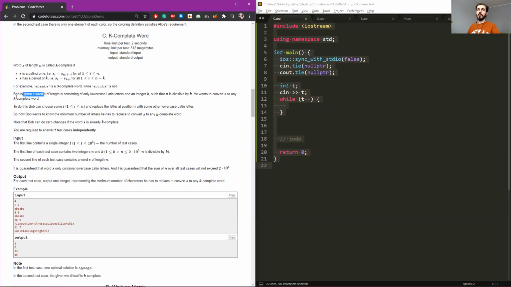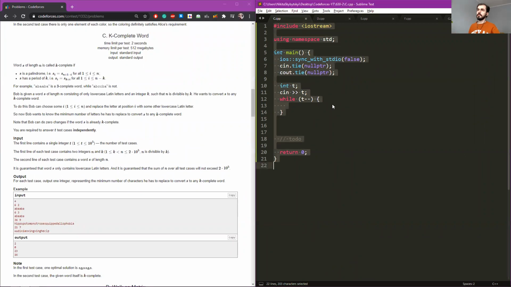Also given, Bob is given a word S of length n consisting of lowercase letters and an integer k, such that n is divisible by k. He wants to convert S to any k complete word. To do so, Bob can choose some i smaller than n and replace the letter. How many replacements?